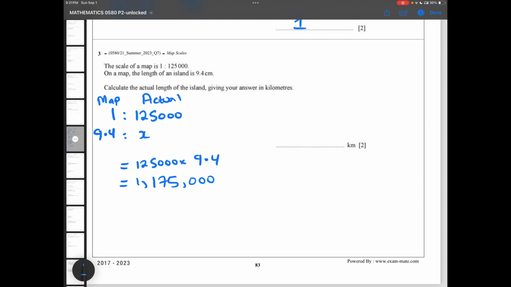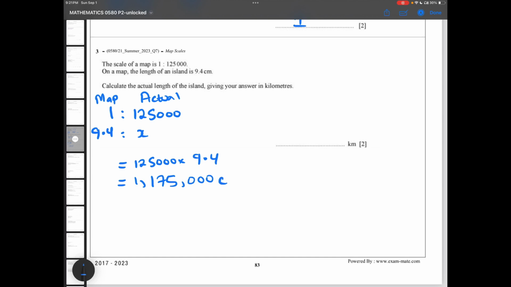So the actual length we have got over here is in centimeters, right? But the question says we need to get the answer in kilometers. So in order to convert centimeters to kilometers, what we do is we divide it by 1000, because in 1 kilometer there are 1000 centimeters.